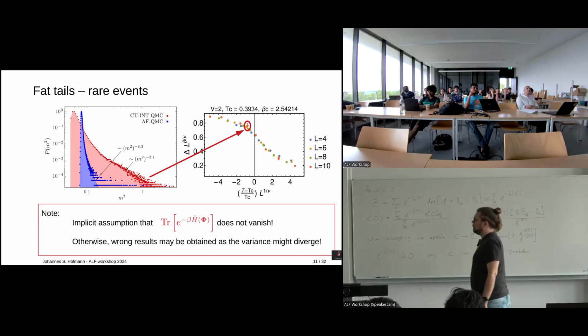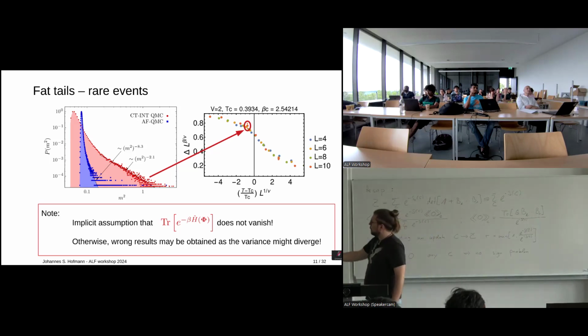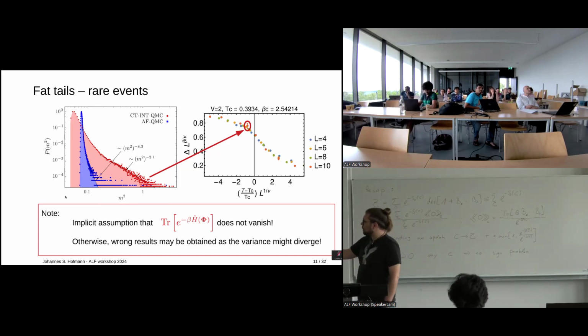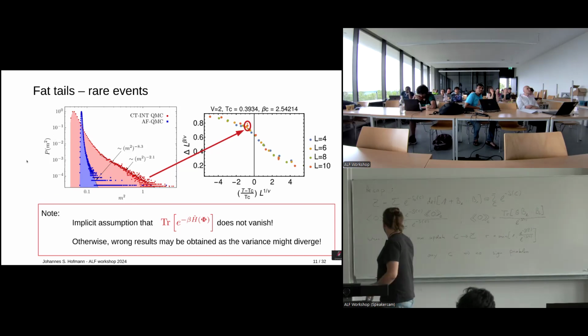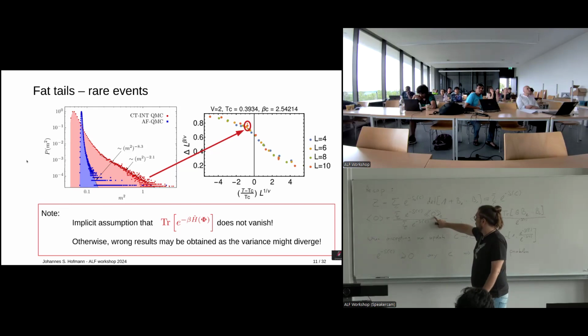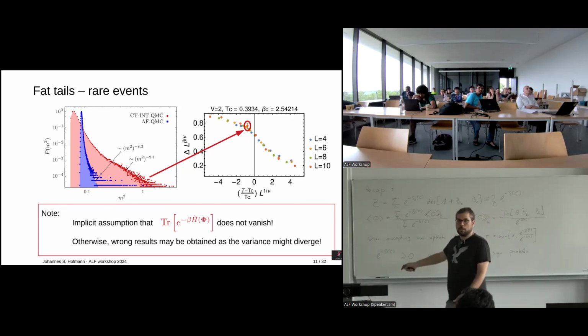And this happens due to the distribution that I'm plotting here on the left, where I'm looking at the expectation value itself. This is the magnetization of a symmetry breaking order parameter, or the magnetization squared. It doesn't really matter. This applies to any observable that you can look at. I'm simply counting how often I get a given value for a given configuration.